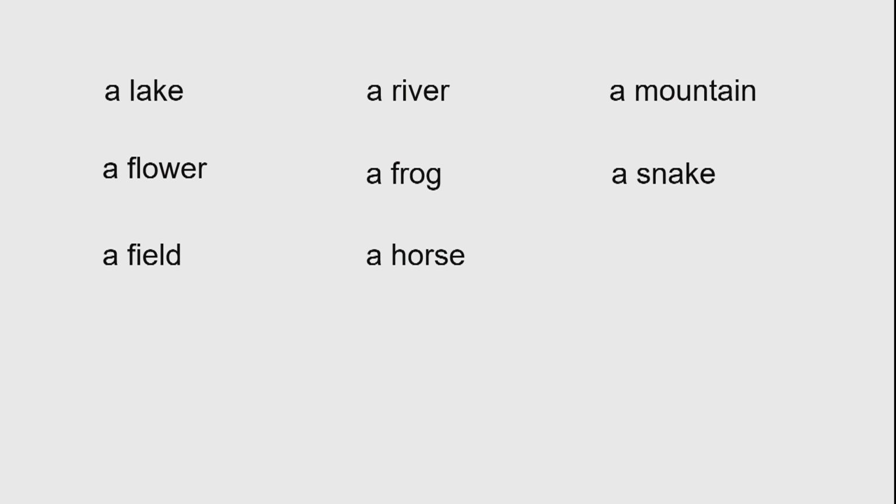A horse. A bird. Team 1. A snake. Sorry, we have already used this word. Read another one. A sky. Okay. You please. A tree. Team 3. A yurt.